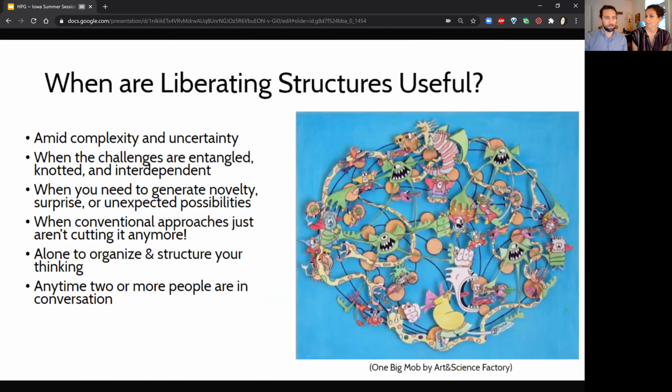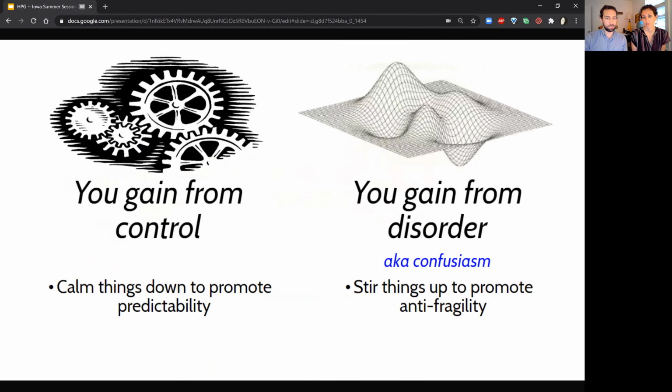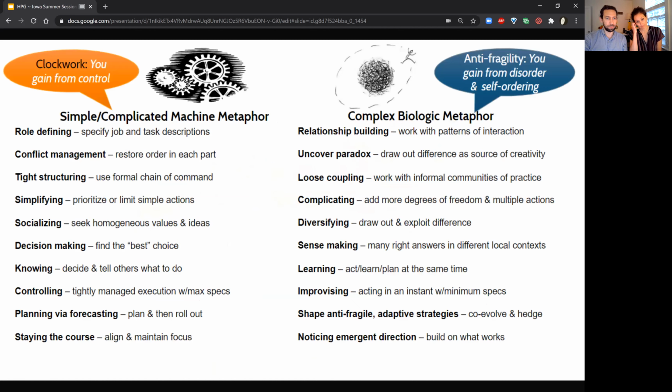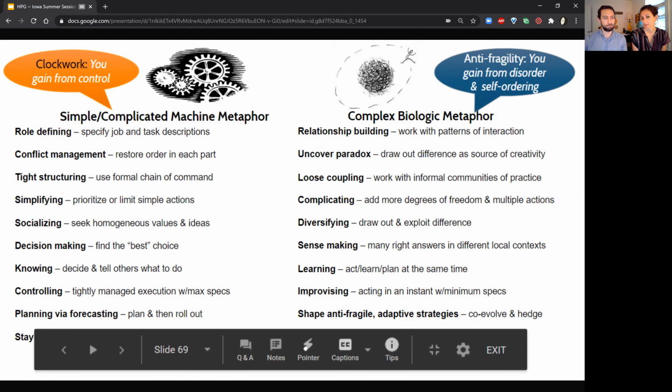And yet a lot of our organizations and institutions were designed around the machine idea. So we can maybe get a lot more done and shape things more meaningfully if we try to treat ourselves a little bit more like those natural biologic systems.